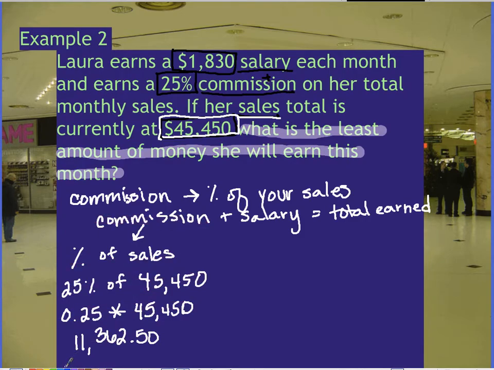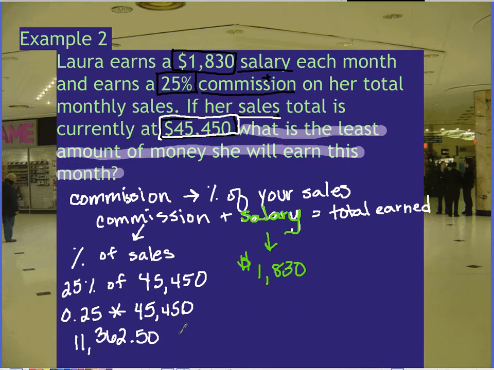That'll be less crazy for you. So my salary, I'm going to do in this beautiful green, is $1,830. No math there, I already know it.